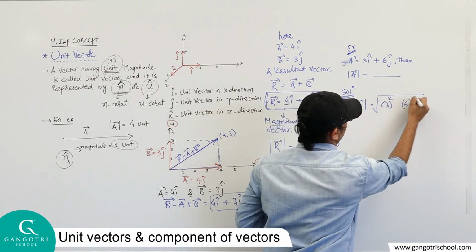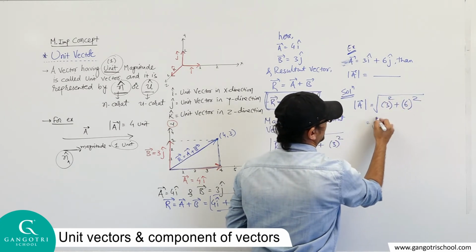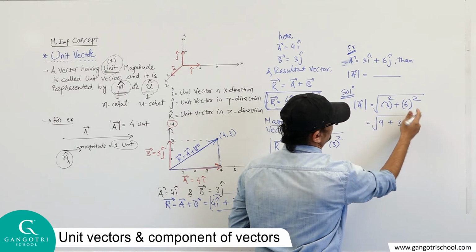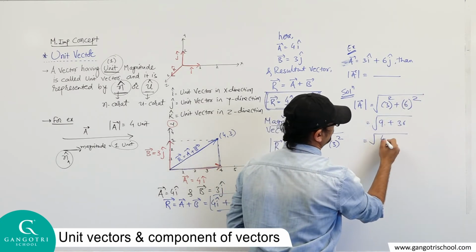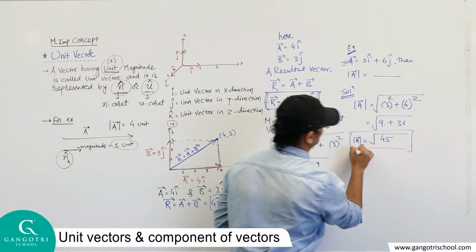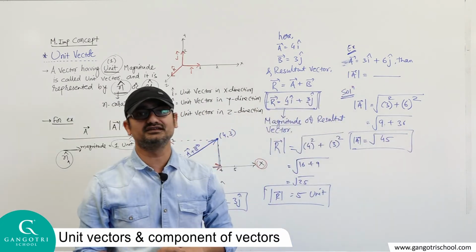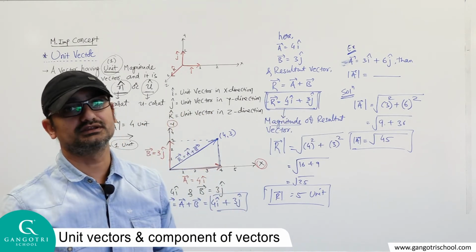The square root of the sum of the squares of the components gives the magnitude. Under root 9 plus 36, that is 45. So square root of 45 is the magnitude of vector A. Always remember this rule.